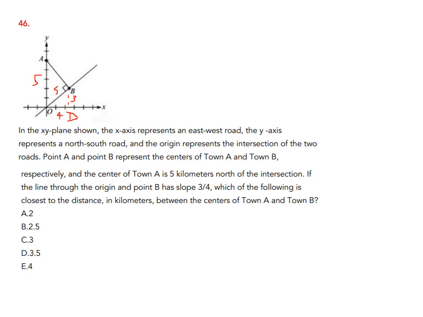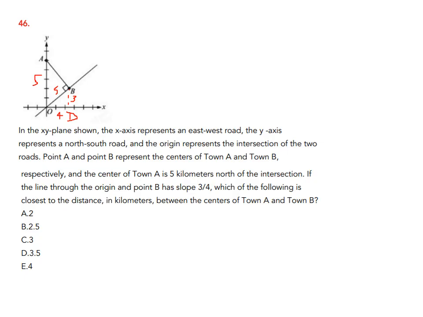So here is the given information. The center of town A is 5 kilometers north of the intersection. So 5 kilometers north, I get y equal to 5. And the slope of point B, the slope is rise by run. So we have drawn a line, that is BD.